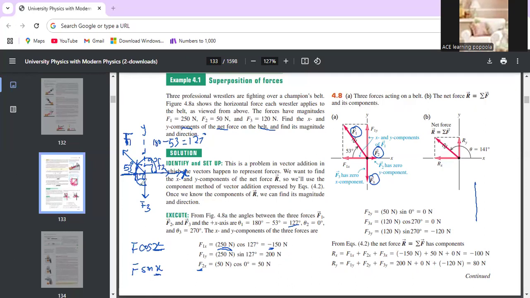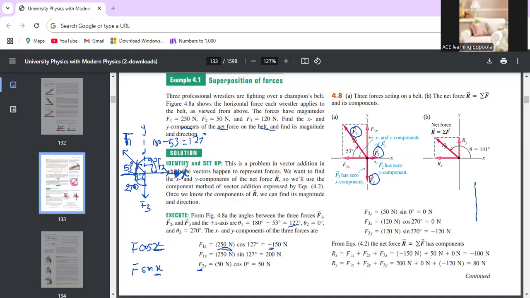So 180 plus 90 gives us 270 degrees, which is the angle that F3 makes with the horizontal. Please do not look at it from the other direction. We're taking this as our reference start point so that there will be no confusion. All directions are taken with respect to this point. So it makes an angle of 270 with the x-axis.